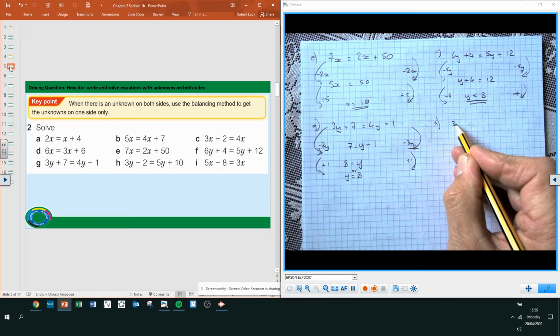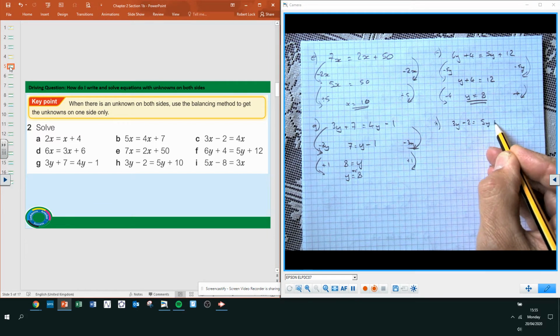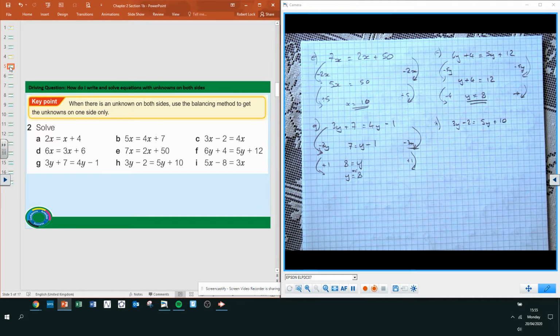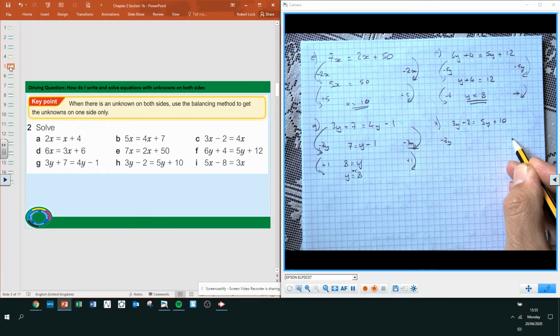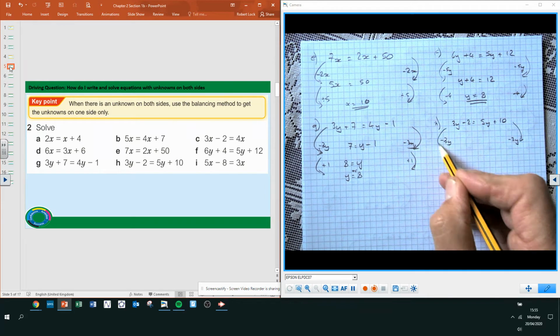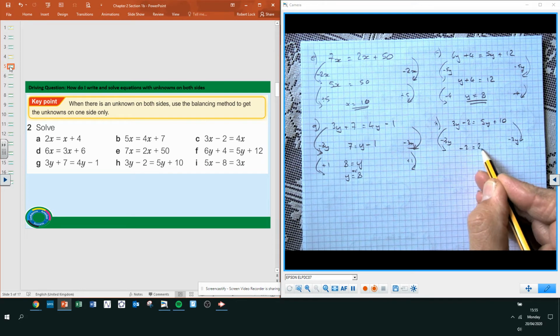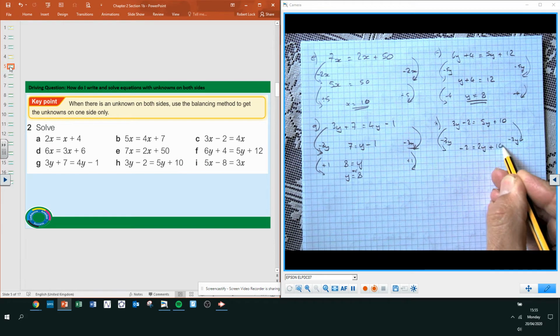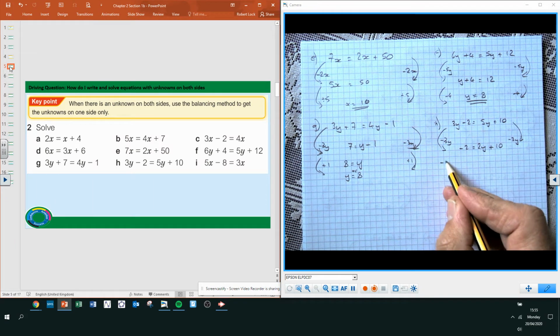3y minus 2 equals 5y plus 10. Again, so minus 3y both sides. There they are, the minority. Take them from the majority, so end up with minus 2 equals 2y plus 10. Get rid of 10, leave the y's on their own. Minus 10 on both sides.